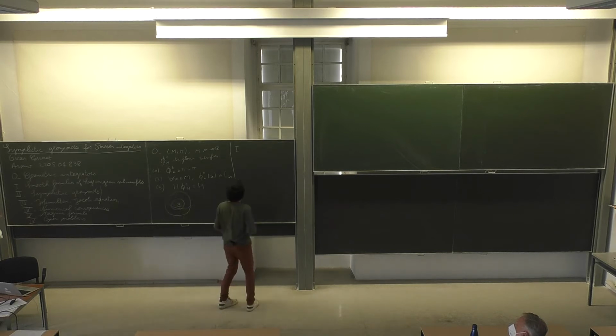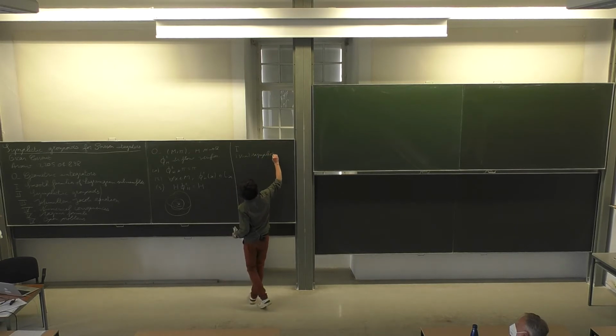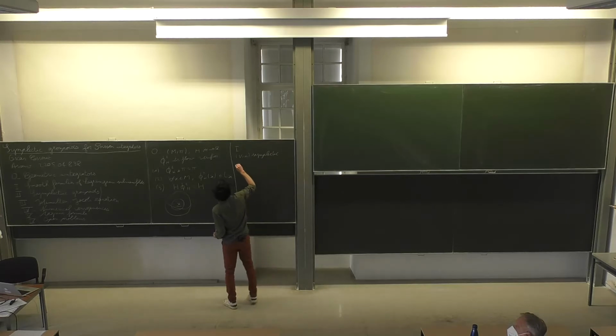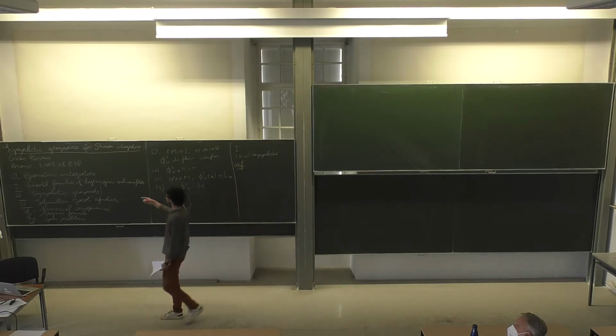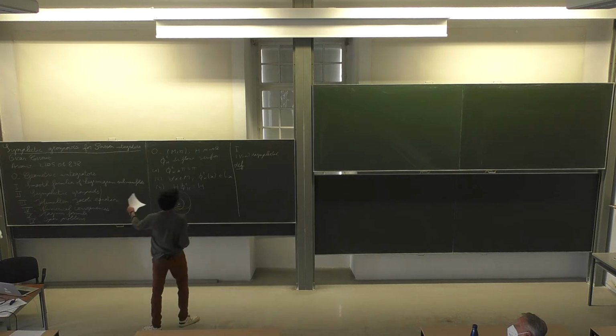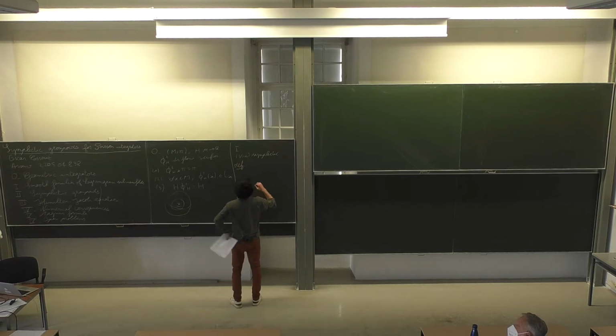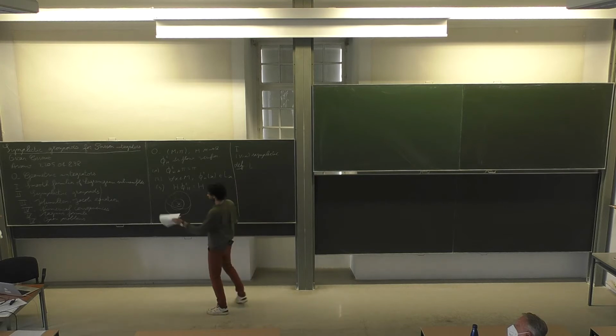Okay, so let's start with a symplectic manifold V, and we'll study smooth families of Lagrangian submanifolds of V. So let's explain what this is.